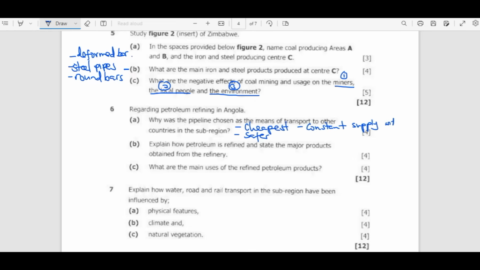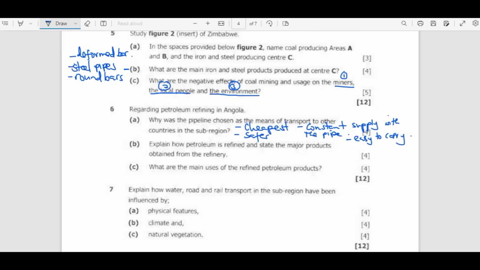with the pipe. And then apart from that, what else? So it is easy to carry. So that's why there is use of pipeline. Explain how petroleum is refined and state the major products obtained from refining of petroleum.